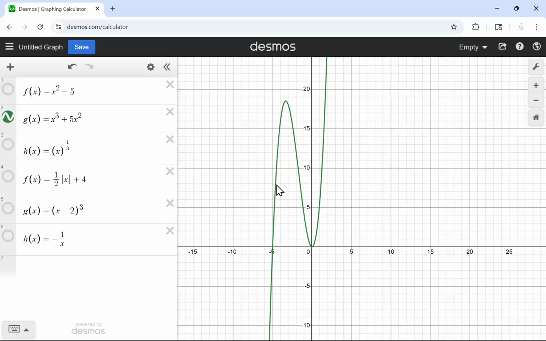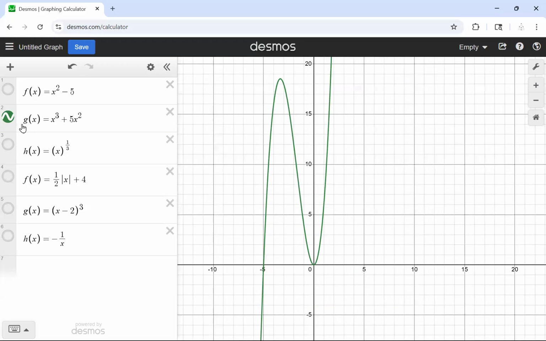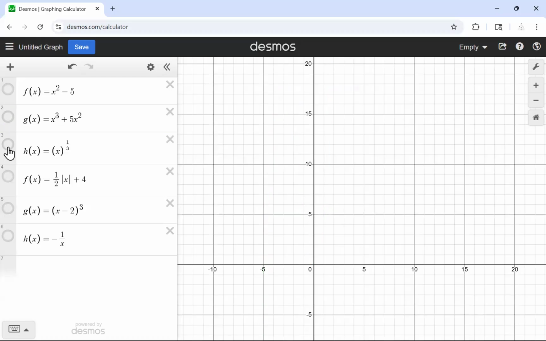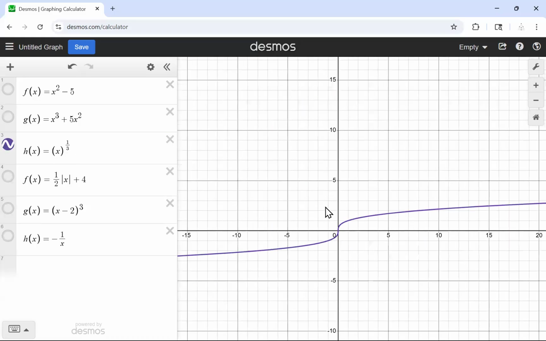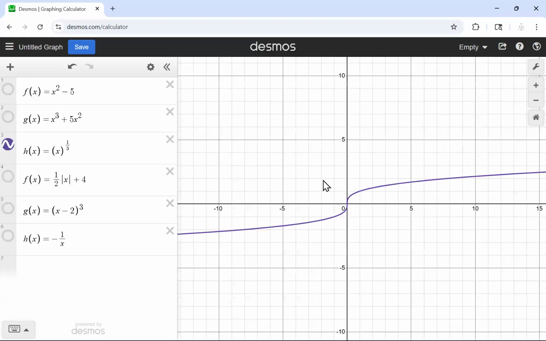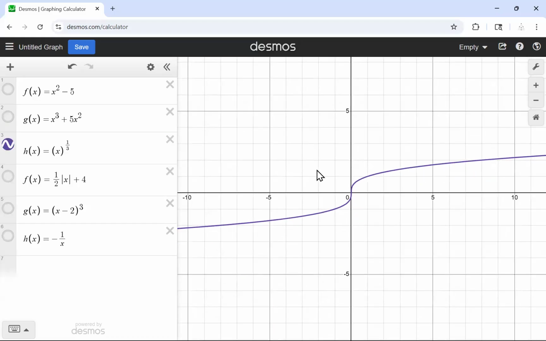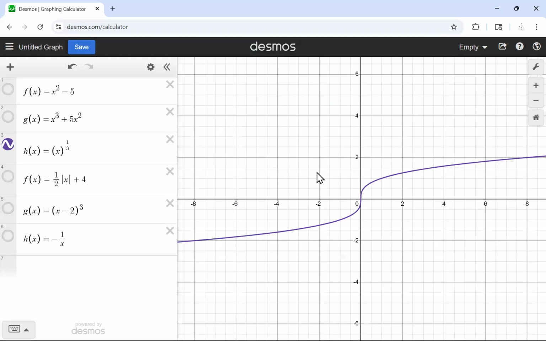So this is neither even nor odd, just based on the visual of the graph. The cube root of x, by the way, in Desmos, when you do a cube root, you have to do a 1/3 power. The cube root of x gives this graph, and this graph is, in fact, the graph of an odd function.